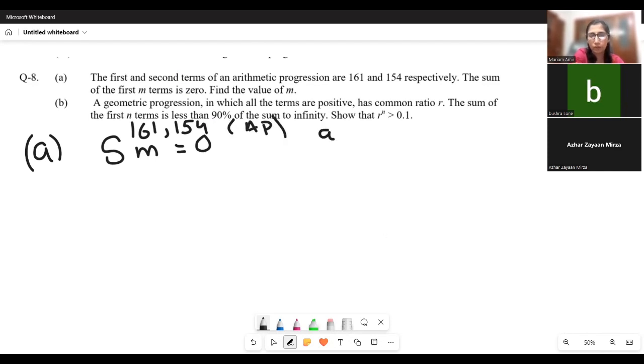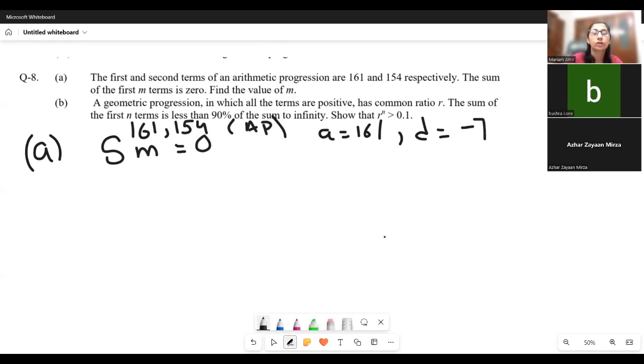meaning small a, the first term, is 161. And what is the common difference? Negative 7. It is -7, you're right, because 154 minus 161 is -7.